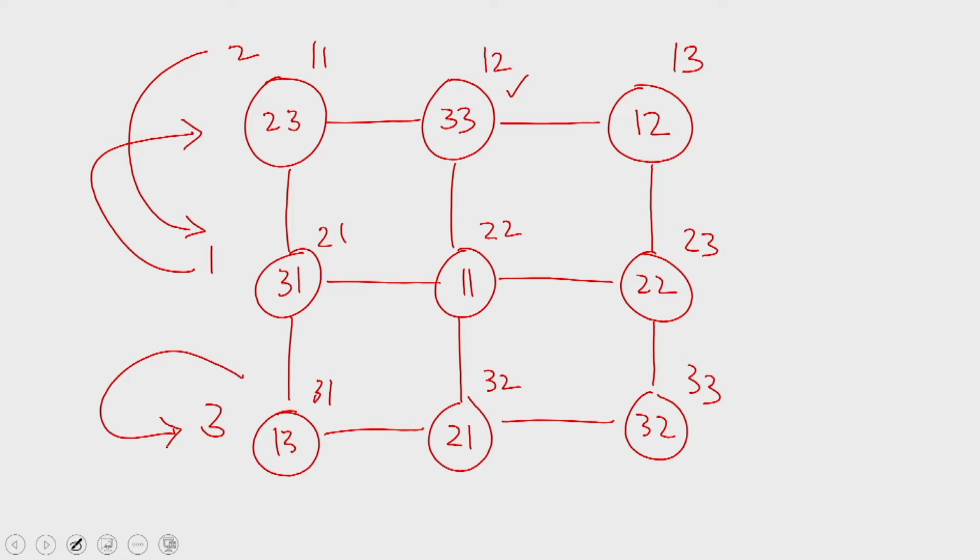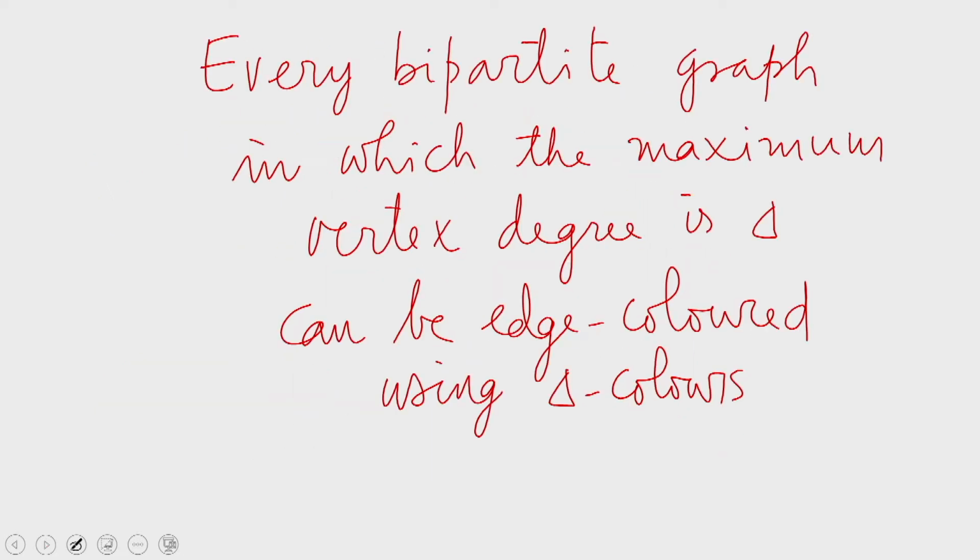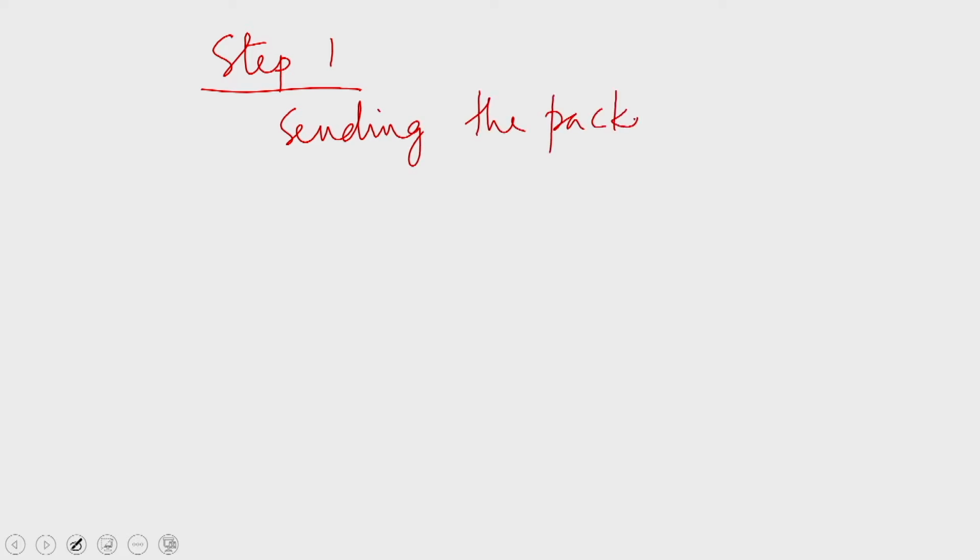Now, how can this routing happen? This involves sending the packets up or down along a column.